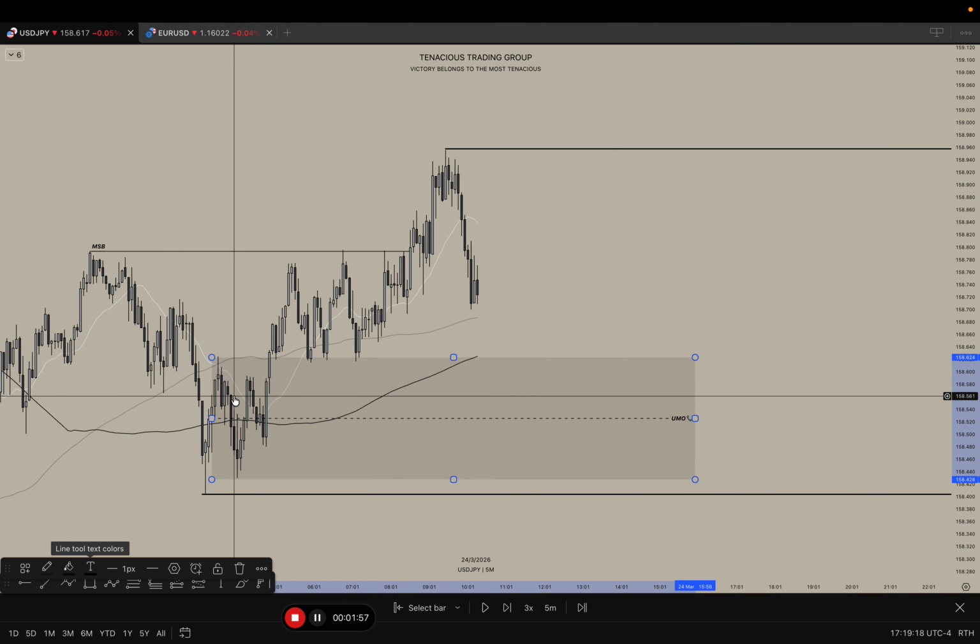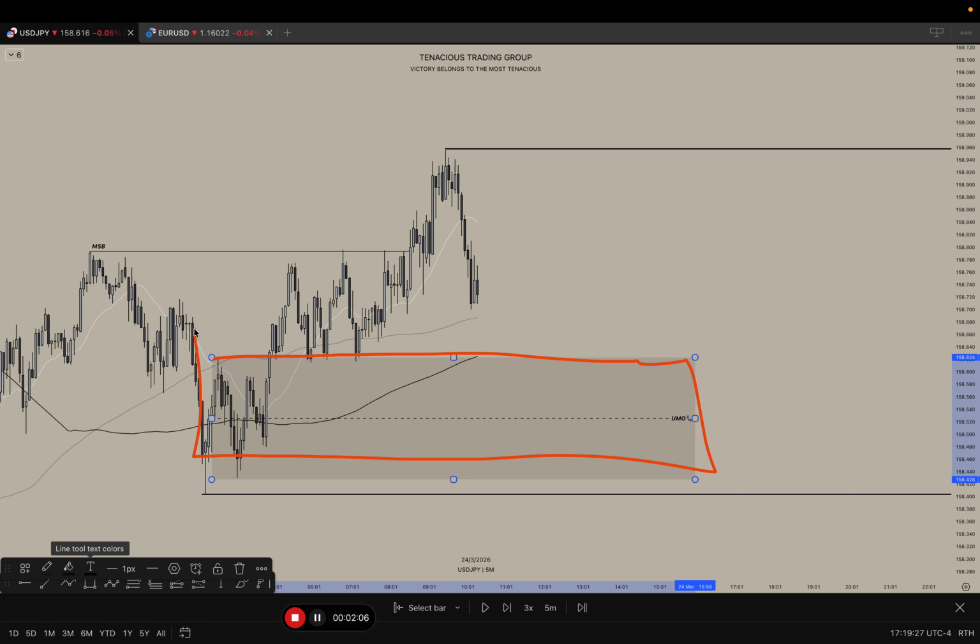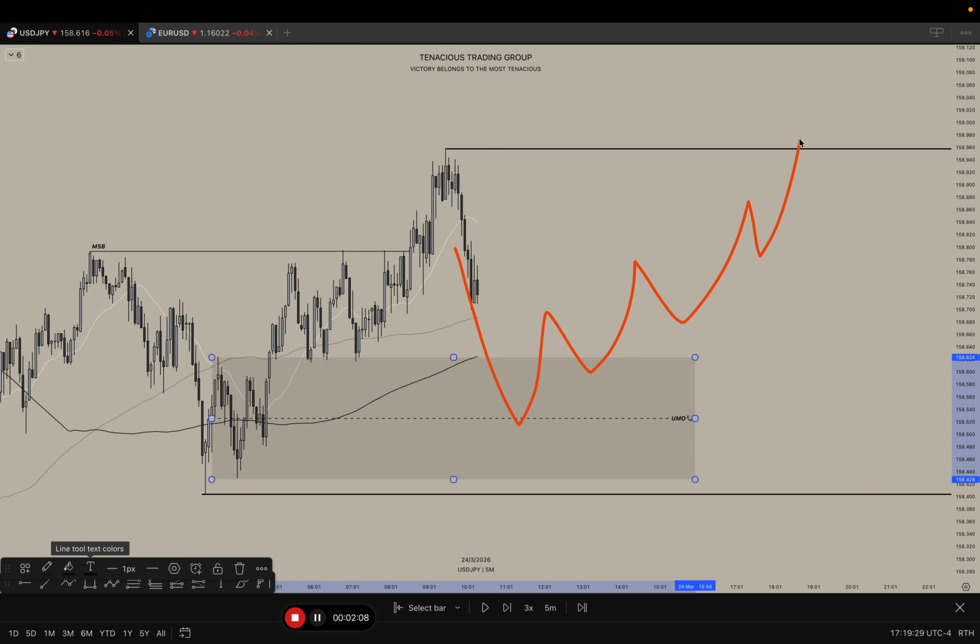Because this unmitigated move origin is unmitigated, it is fresh, and there's also a chance that price is going to tap into this area here and then start making its way higher, making higher highs and higher lows. Whereas with this SNDR, technically this was my last down up, which helped to facilitate this market structure break. We tapped into it, had that small reaction. However, it wasn't enough to keep going because now we're in that pullback.